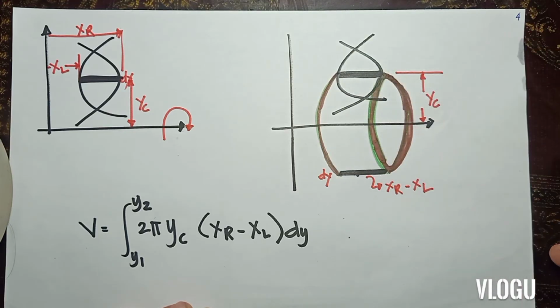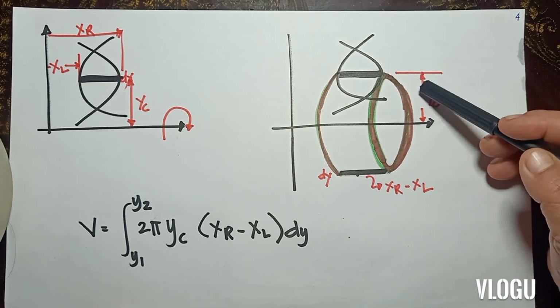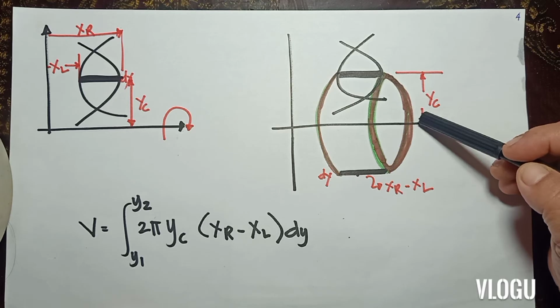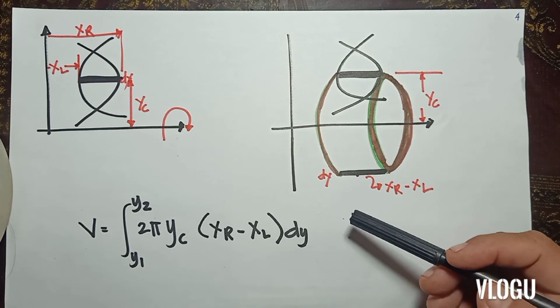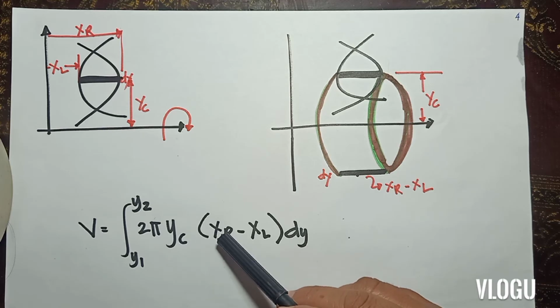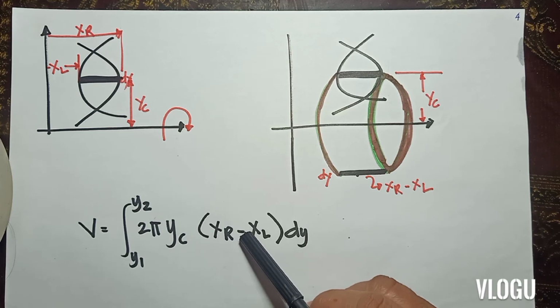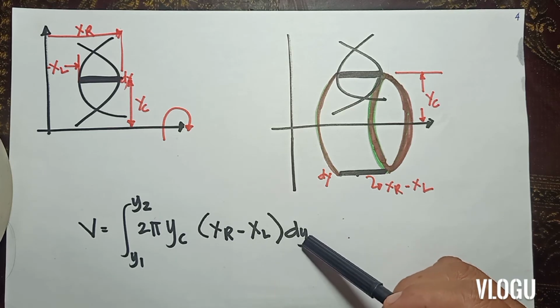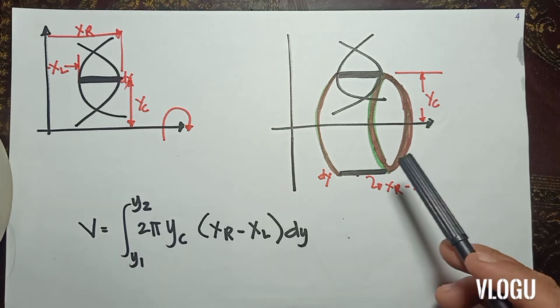Okay, so we form a cylindrical shell. Here, y sub c is the radius of the cylindrical shell. So the volume is equal to 2 pi y sub c times (x right minus x left) dy, evaluated from y sub 1 to y sub 2.